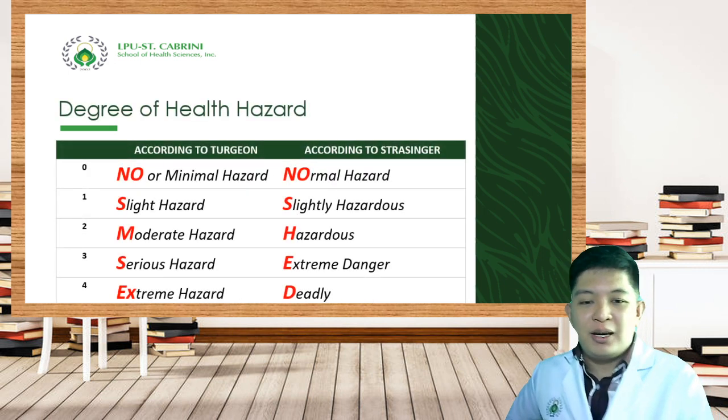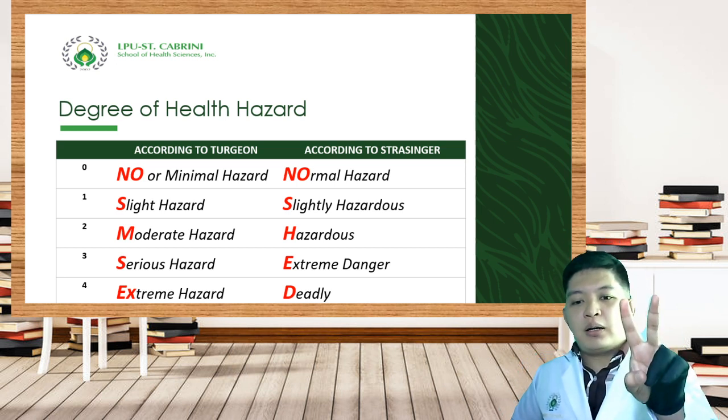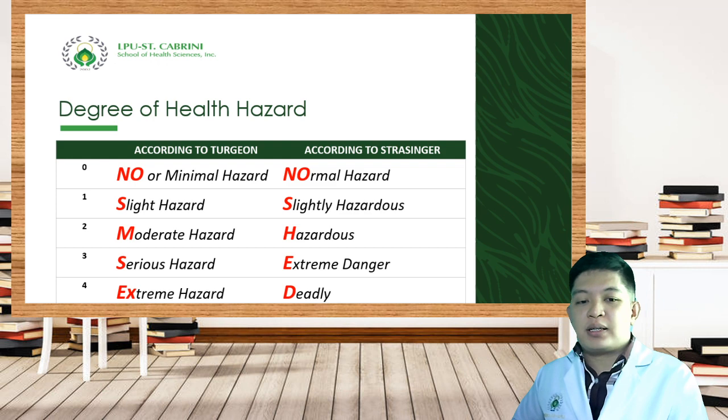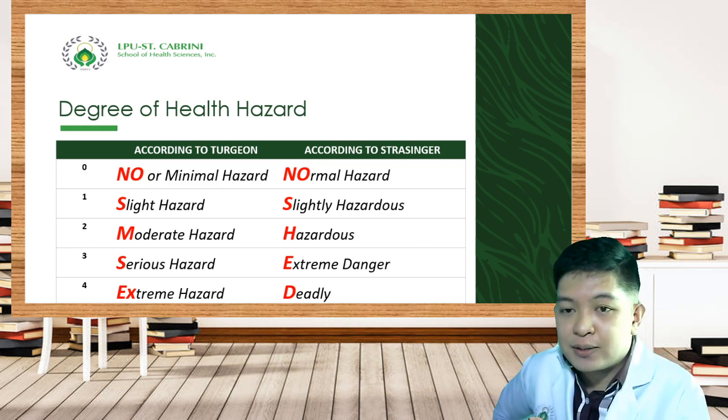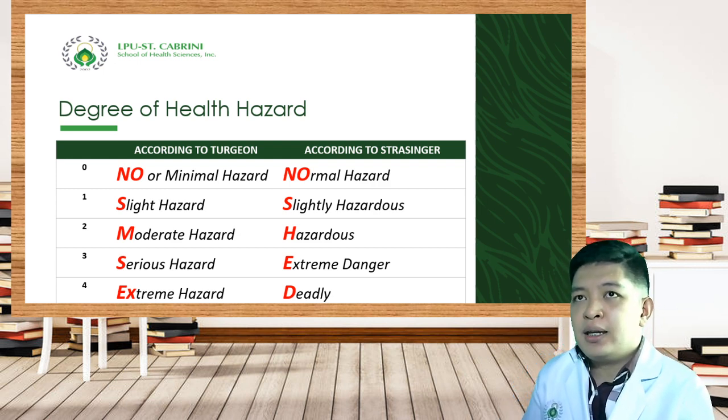By the way, before that pala, we have here the degree of hazard muna. Meron po tayong dalawang references for degree of hazard. Isa si kay Turgeon at isa kay Strassenger. Ang sabi ni Turgeon sa degree of hazard, health hazard, no SMS X. Kapag si Turgeon broken-hearted siya, kasi wala daw text ang X niya.